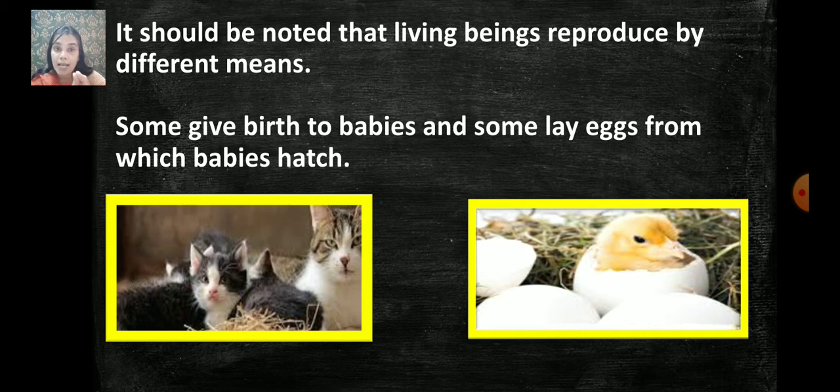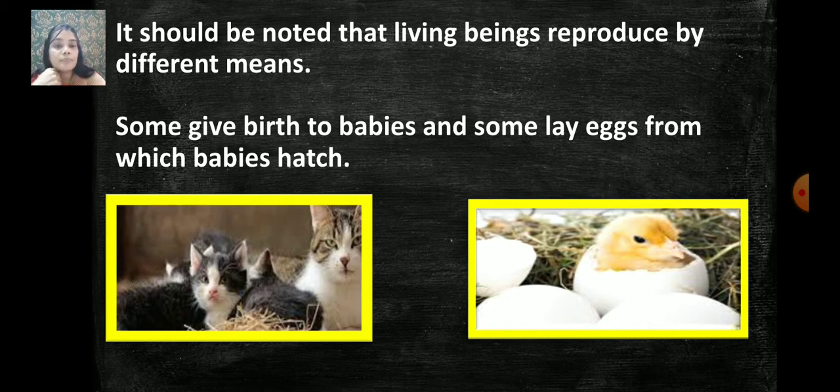So there are different ways of reproduction. One is that the baby comes out directly, another is laying eggs.